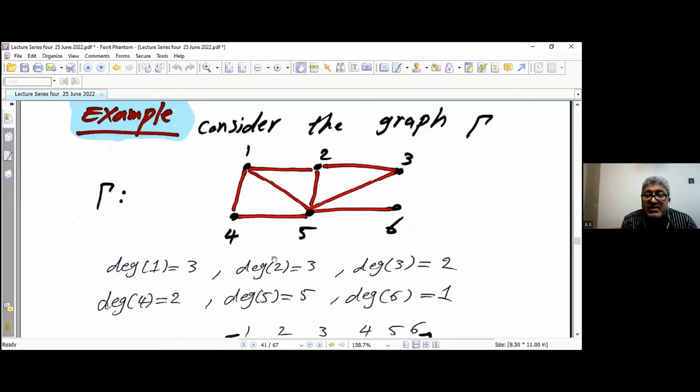The degree of vertex 2 is 3. The degree of vertex 3 is 2, and vertex 4 has degree 2. The degree of vertex 5 is 5, and the degree of vertex 6 is 1, right?